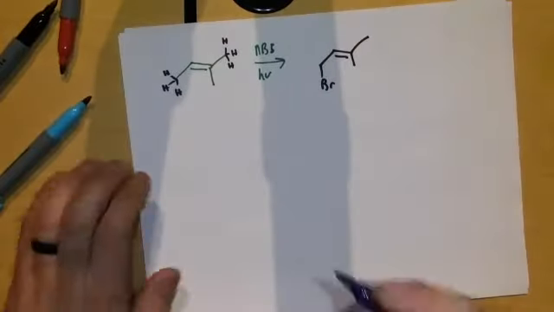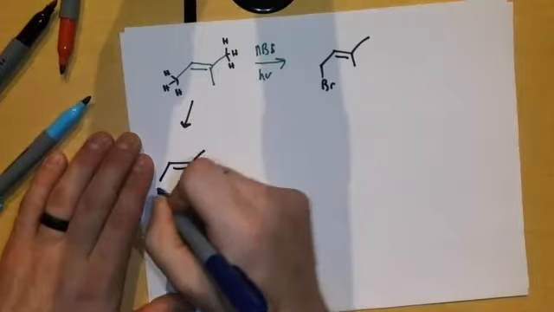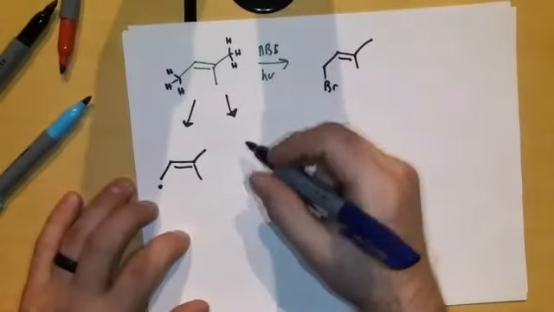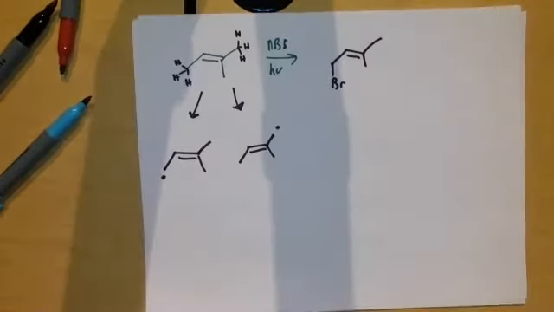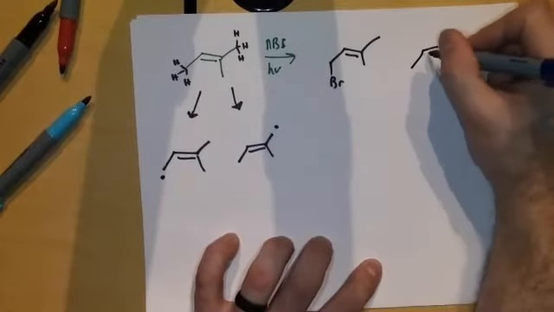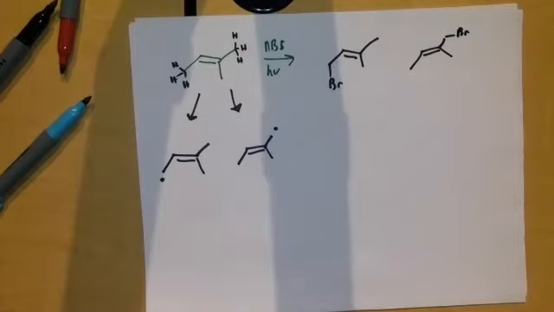We could generate this product. So that would be from generating this radical here. We generated this radical. We could make this bromination product. Both of these have resonance, which can lead to products here.